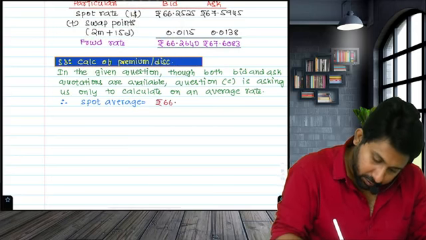$66.2525 plus 67.5945 divided by 2, 69.9235.